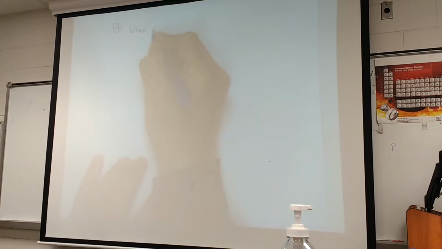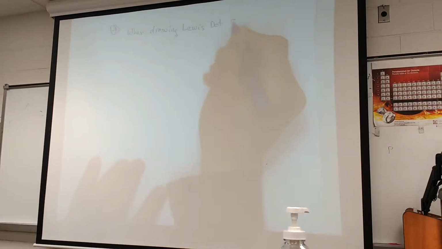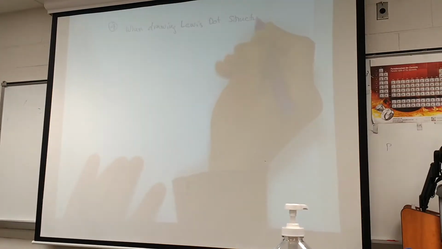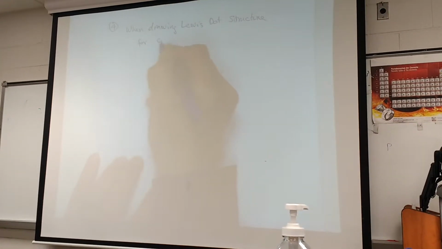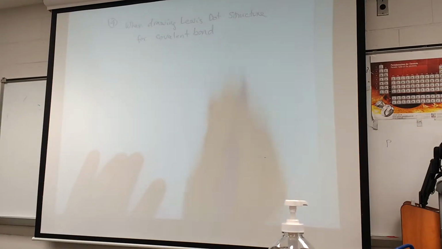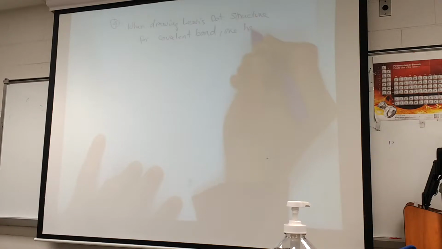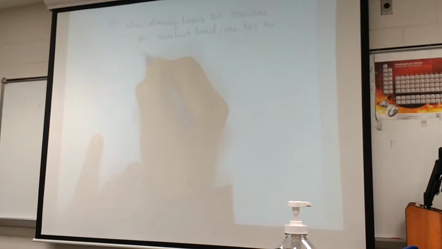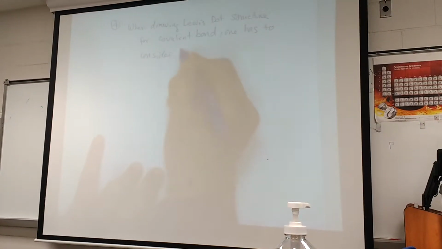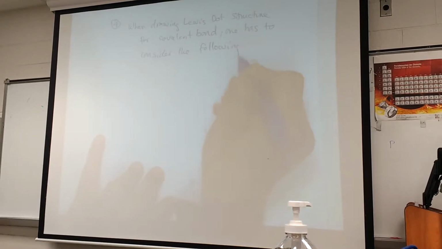When drawing a Lewis dot structure for a covalent bond, one has to consider the following, correct? One has to consider the following.